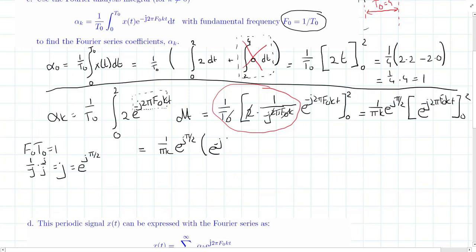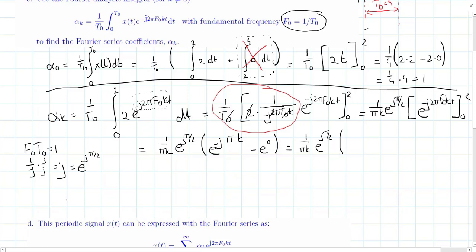We will be left with 1 over minus j pi k, minus e to the power, if we would fill in the 0, you would get e to the power 0, which is simply equal to 1. So this is equal to 1 divided by pi k e to the power j pi over 2.